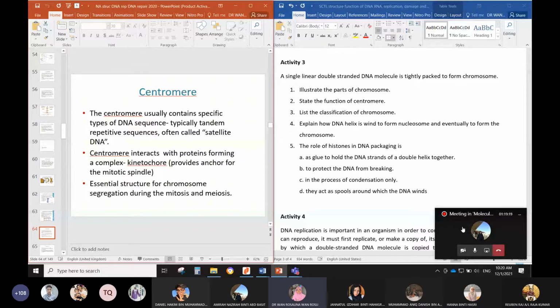It uses the mitotic spindle, a protein that attaches to the centromere and takes these two strands apart to the opposite ends. That is the function of the centromere, whereby it interacts with the kinetochore during mitosis and meiosis to segregate these two chromatids.